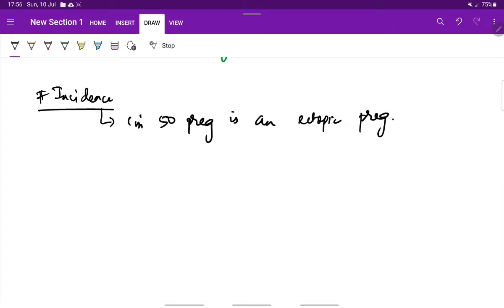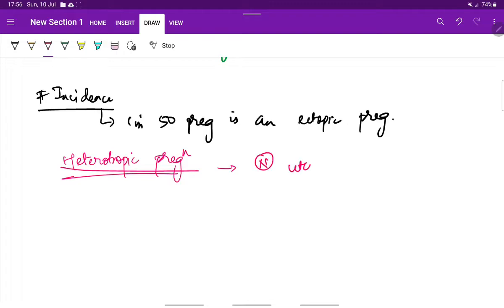And there is something called heterotopic pregnancy. The heterotopic pregnancy is one in which there is a normal uterine pregnancy along with an extrauterine pregnancy.